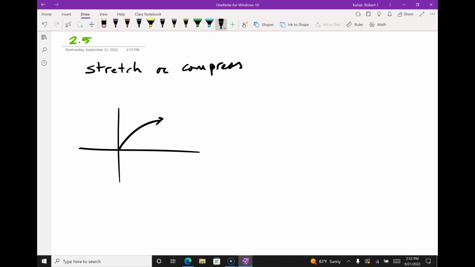So here's my mother function, y equals square root of x. And here is my compression, y equals 2 square roots of x. Is that an interior 2 or exterior 2? Is it on the inside of the function or on the outside? Exterior, right? It's on the outside.